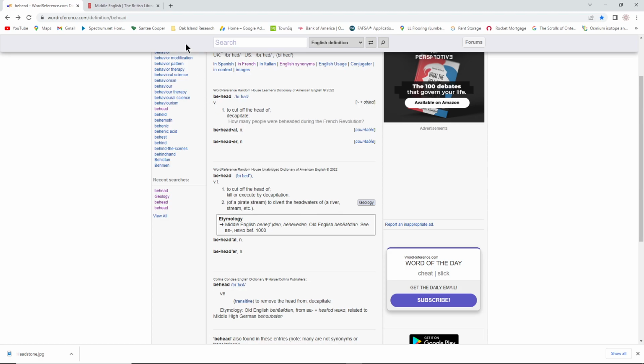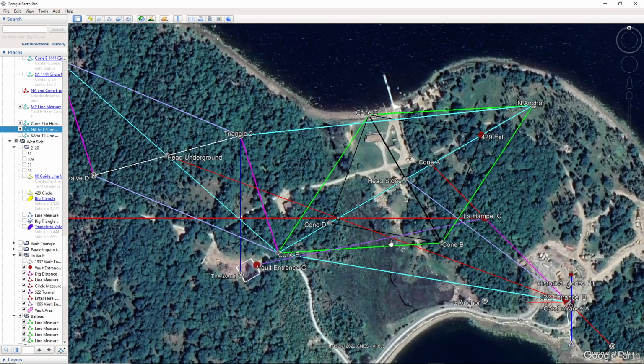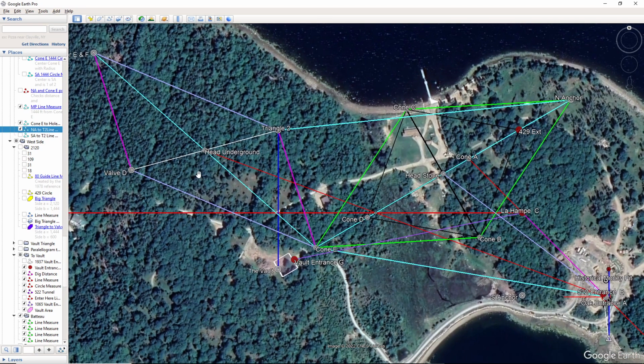So if you put this together, also this is Middle English, and Middle English is the etymology of this, which is 1150 to 1450. So what I'm thinking is the headstone is a clue that means where to go to divert the headwaters of the flood system, which is what the valve and the hole under the trapdoor does.